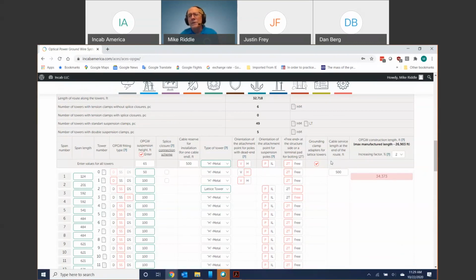The cable service length at the end of the route. So basically, that's how much cable is being left for splicing and storage. So I change that value here, and then I can override it at a particular tower if I want to.